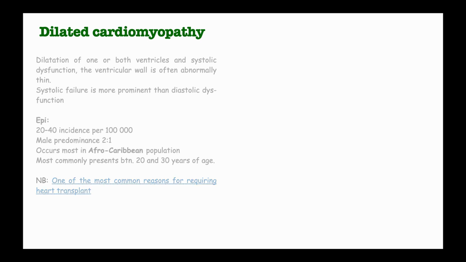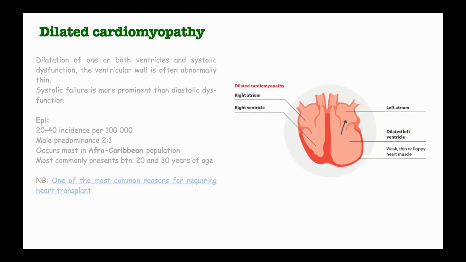When we look at the diagram on our right, what we see is that this heart has a dilated left ventricle, which is bulging out, as you can see over here. As the cavity increases in size, the walls also become thinned out.